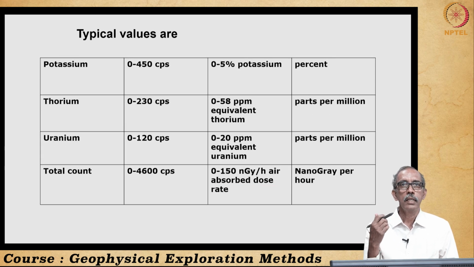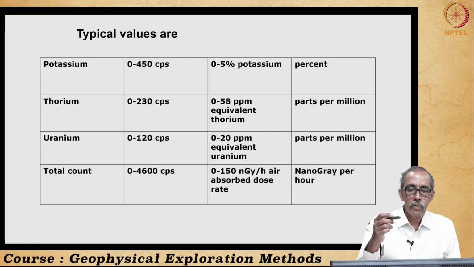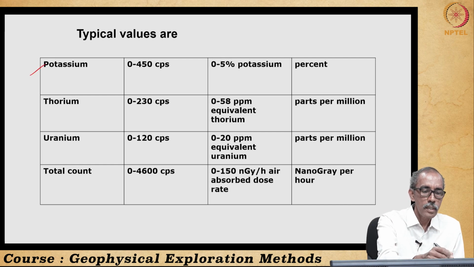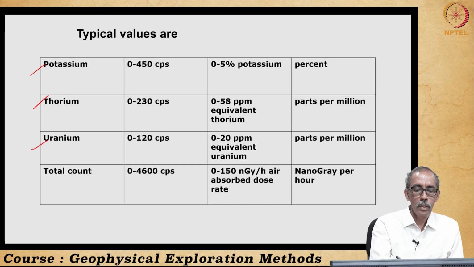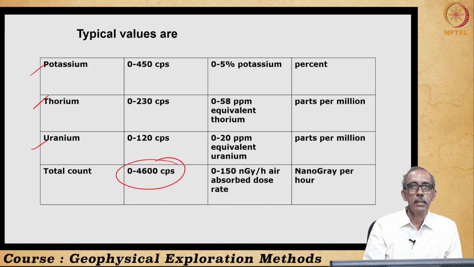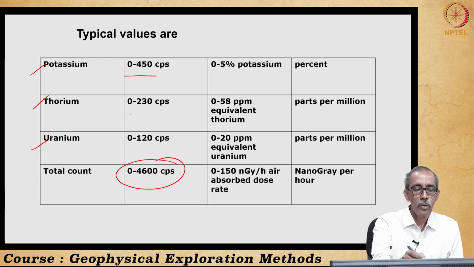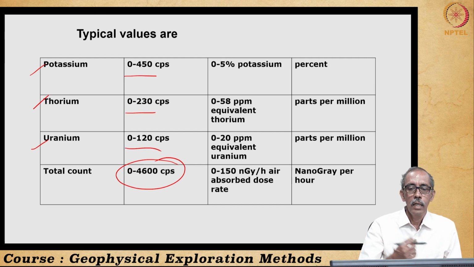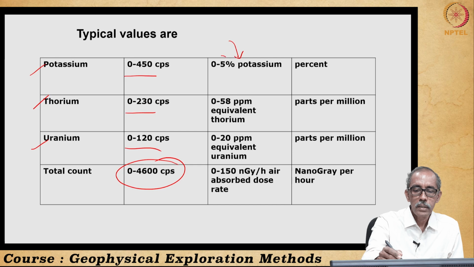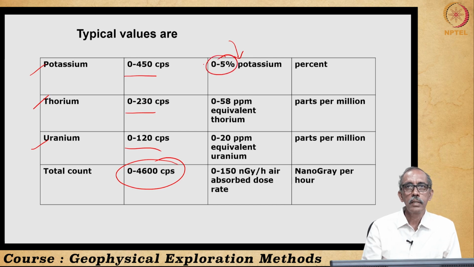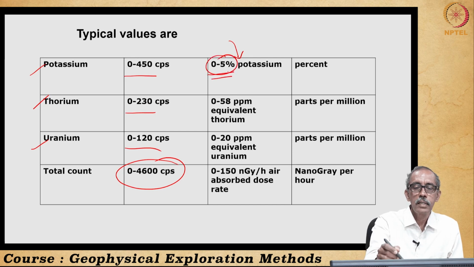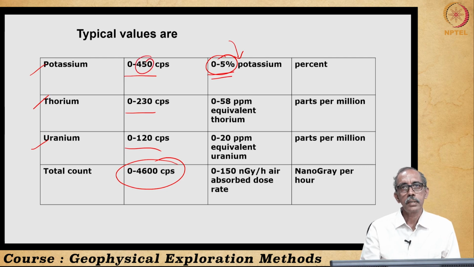Typically, these are the energy levels generated due to potassium, thorium and uranium. If you take the typical values, the counts per second will vary between this and this for potassium, for thorium, and this for uranium, when the rock has so much potassium, right. When the potassium content is about 5%, it is able to produce only 450 counts per second.